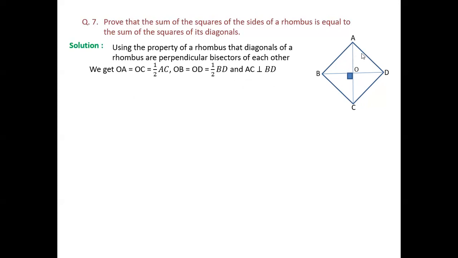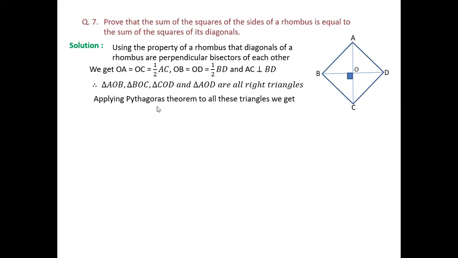Now let's apply the Pythagoras theorem to each of these triangles. 1, 2, 3, 4. Four triangles we have got. Triangles AOB, BOC, COD, and AOD are all right triangles. Because all are right triangles, we apply the Pythagoras theorem. First I take AOB.